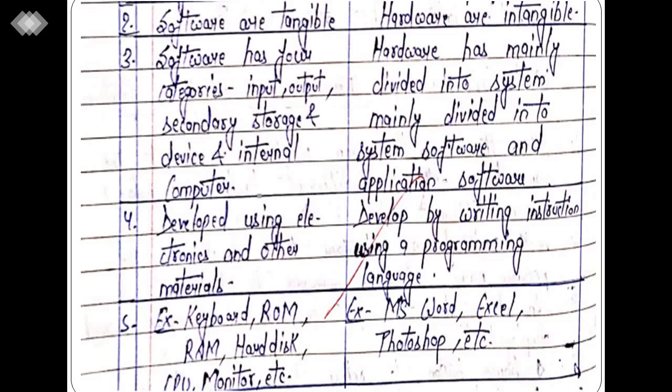Hardware is developed using electronic and other materials. Software is written as instructions using a programming language. Examples of hardware are keyboard, ROM, RAM, hard disk, CPU, monitor, and examples of software are MS Word, Excel, Photoshop. So we have explained this question in the form of differences, or in tabular form.